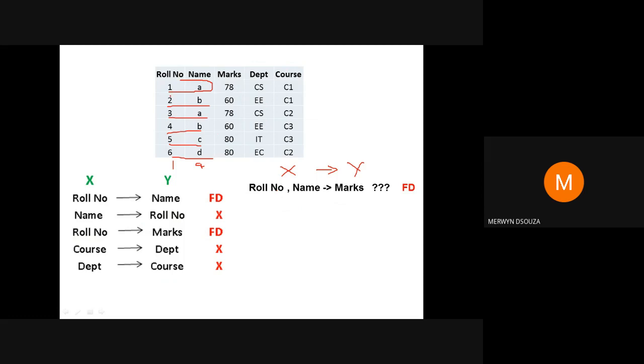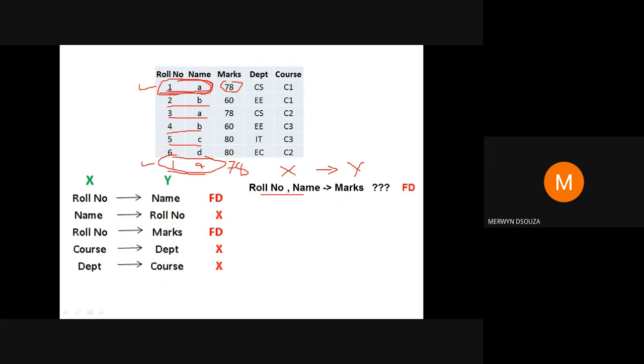When you check the combination, you would find that this and this are duplicates, so every row of X is not unique. This combination of roll number and name is duplicated here. In that case, you check that t1.x is equal to t2.x, so you would expect t1.y to equal t2.y. Here also you would expect the marks to be equal to 78.